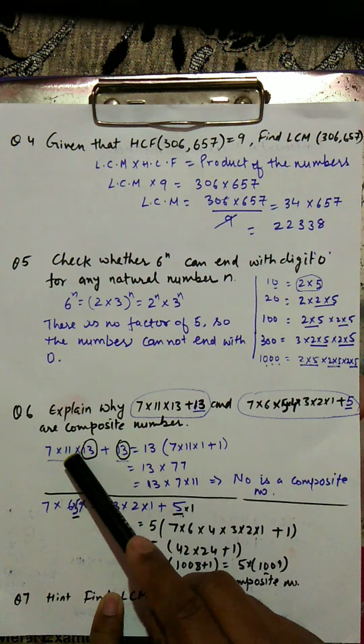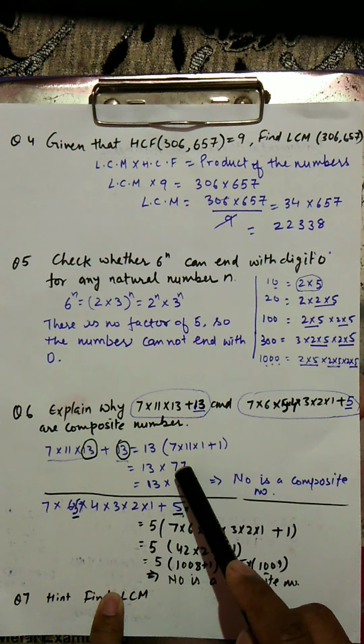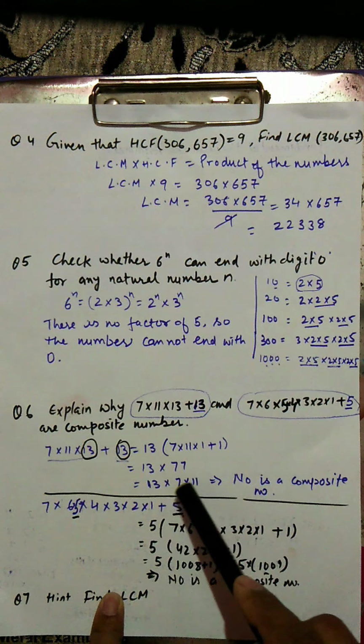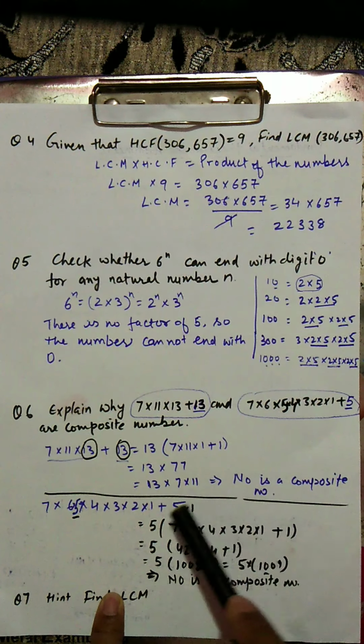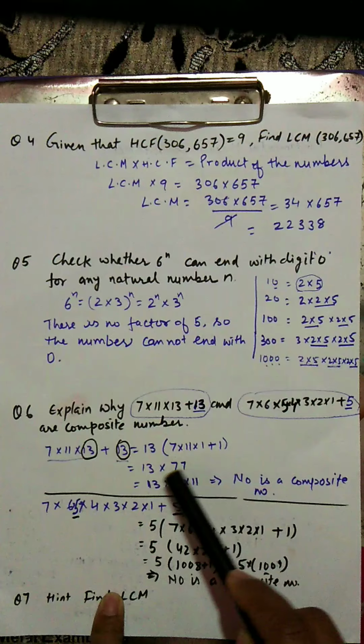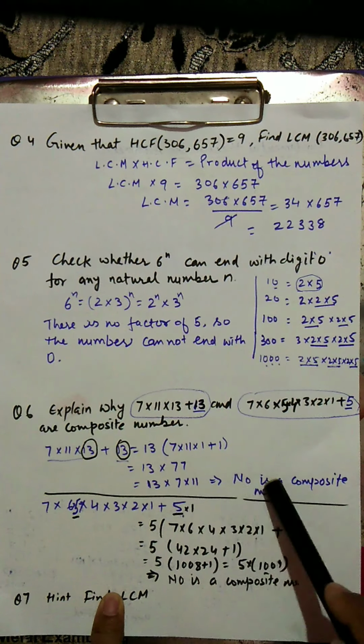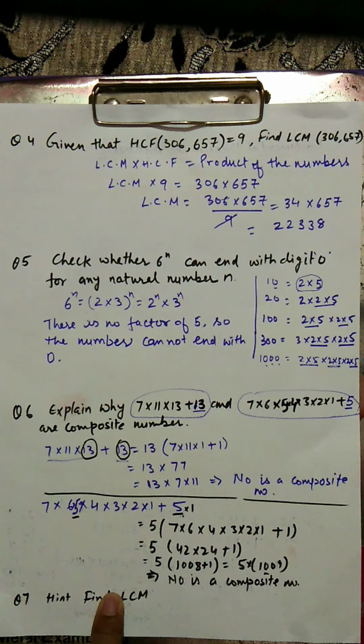Then 7 into 11 and 1 plus 1 will be left. Now you have 13 into 77. So 13 into 7 into 11, you can see that the given number has been converted into prime factors. If there are prime factors, then it means that number is a composite number. We have already studied this result in the fundamental theorem of arithmetic.